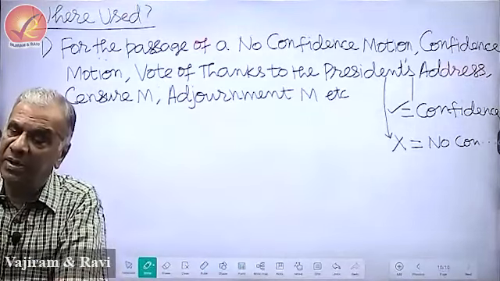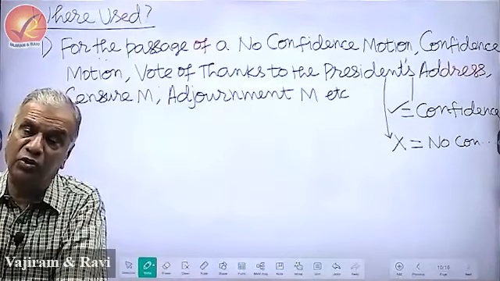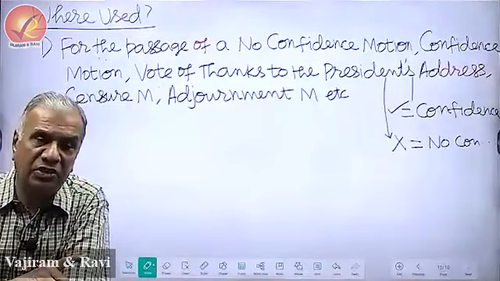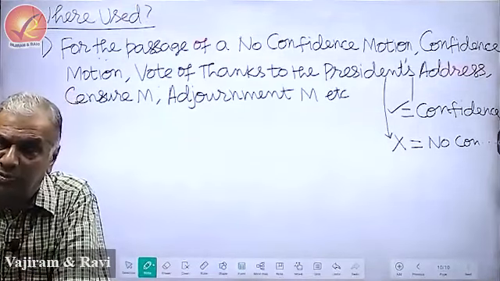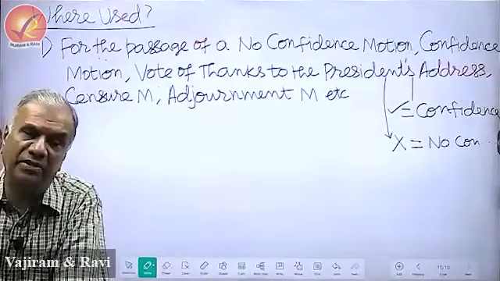And at the end of the debate, the government has to make a policy statement on what measures it is going to take to control the violence in the state of Manipur and bring peace and stability there. So therefore, the adjournment motion is to bring accountability to bear upon the government.